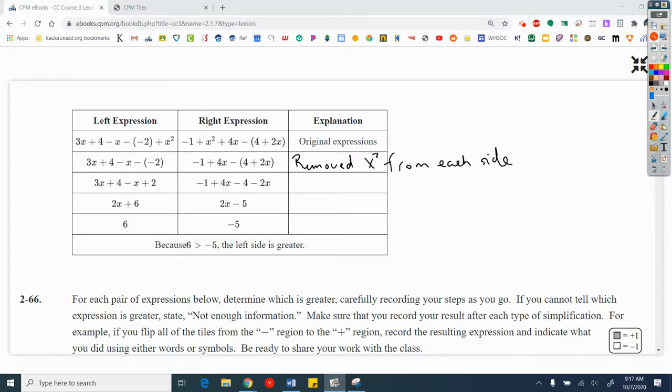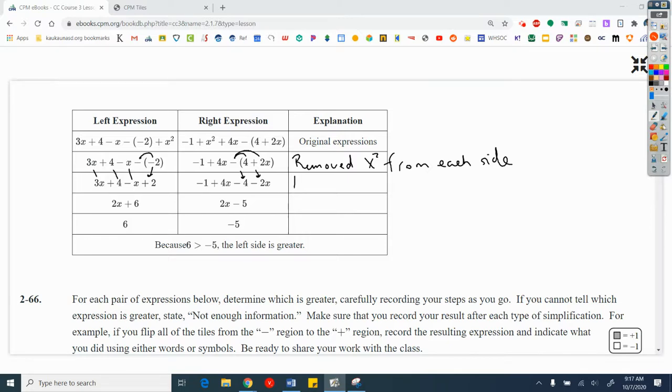All right, if I look at the next one here, I still have a 3x plus 4 minus x. But the minus a negative 2, we flipped that to a plus 2. Minus 4 gets flipped to a negative 4. Minus 2x gets flipped to a negative 2x.